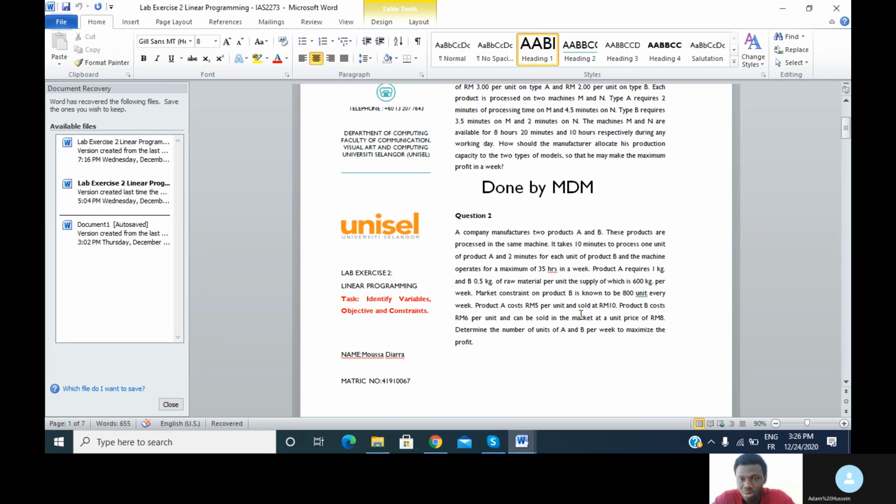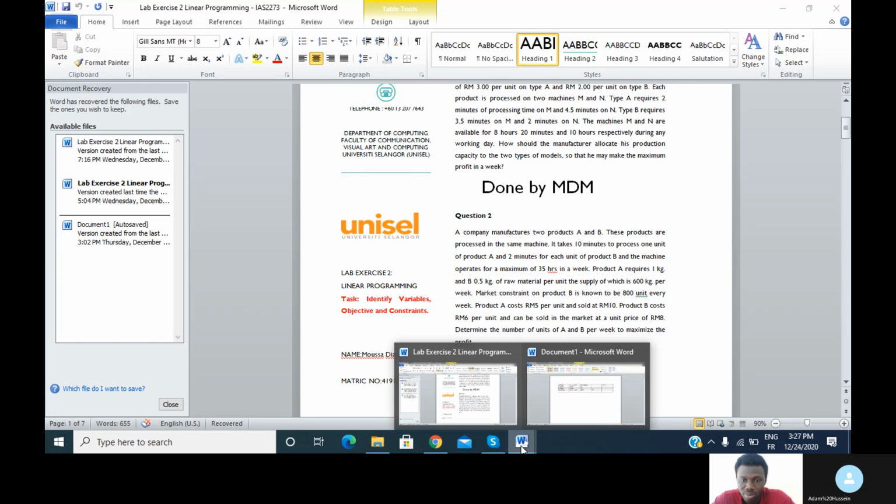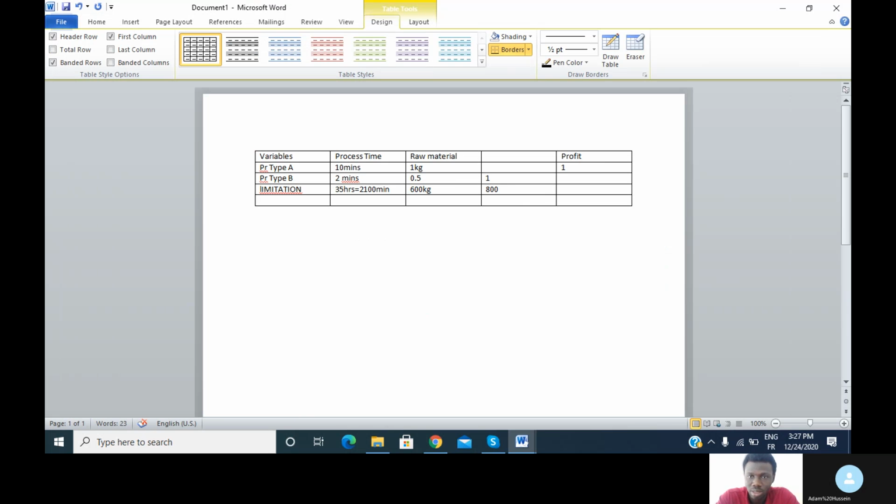So to know the profit, we have to deduct the cost price from the sold price, which is 10 minus 5, which is equal to 5 rand. For product B, it is 8 rand minus 6 rand, which is equal to 2 rand.